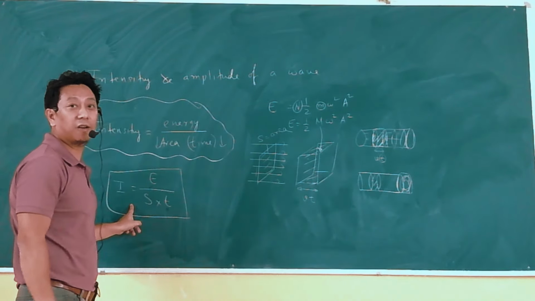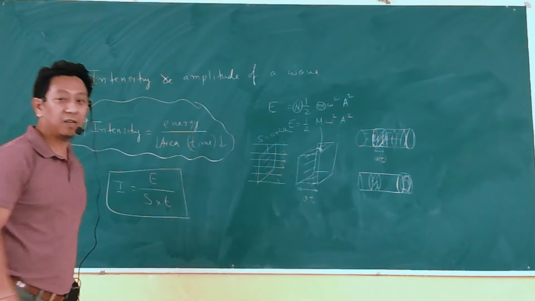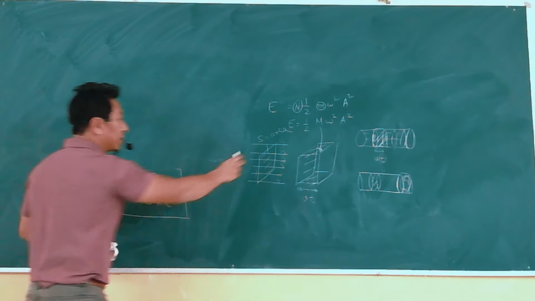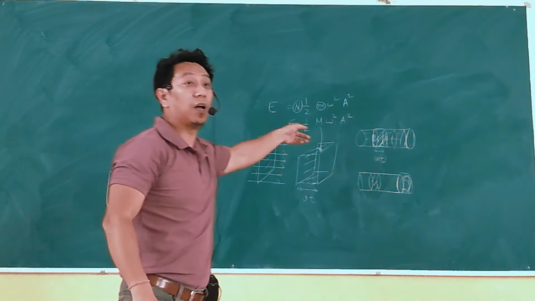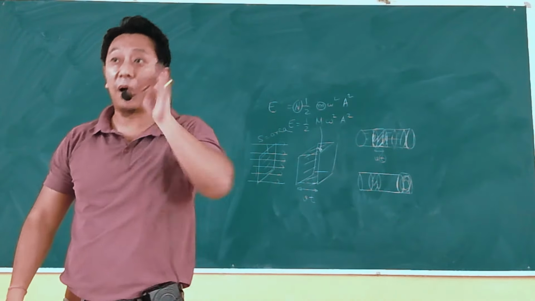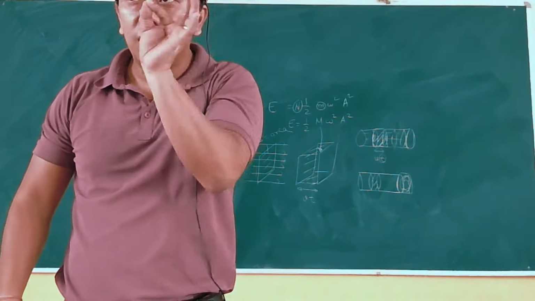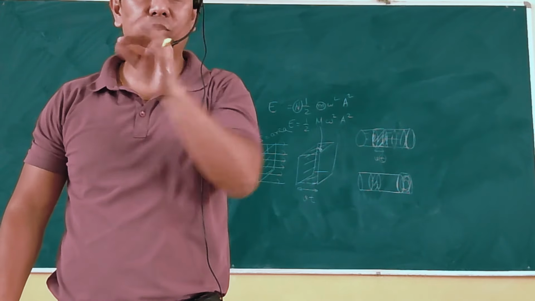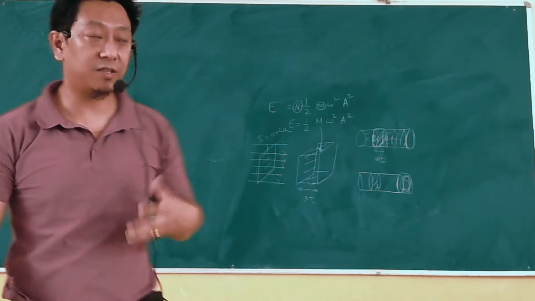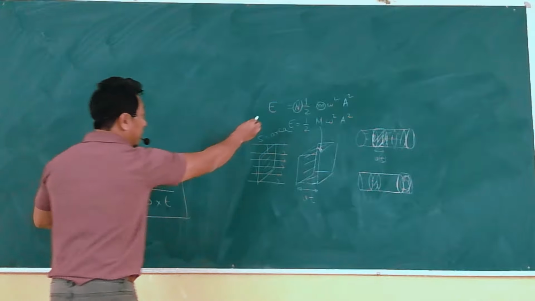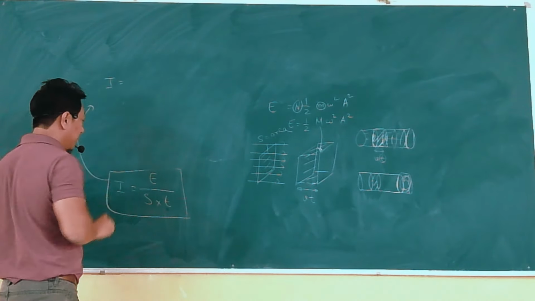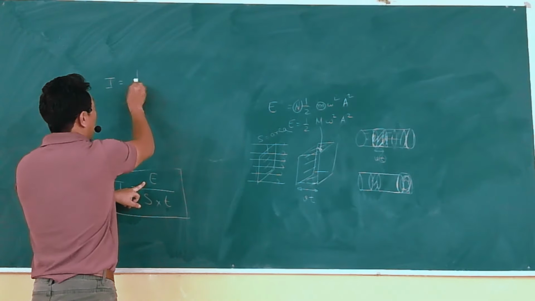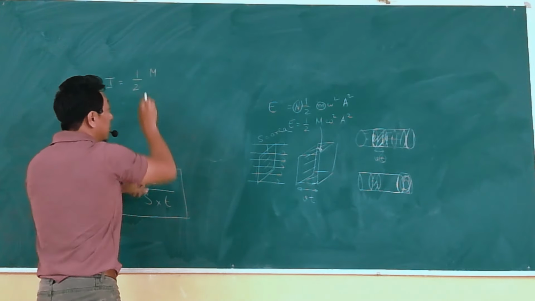Substitute the energy here. Now tell me the intensity. So if you substitute this energy here, which came from SHM. Now why can we use the SHM formula? Because in waves, particles are moving simple harmonically, because we are considering harmonic waves. So our intensity of the wave will be E, which is half m.